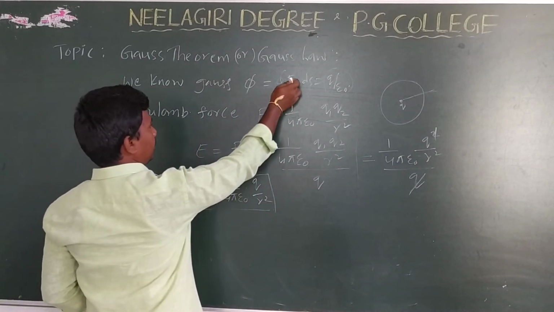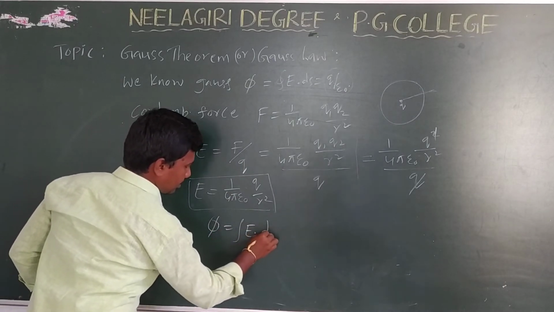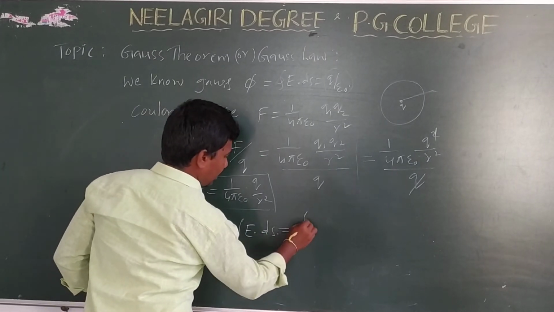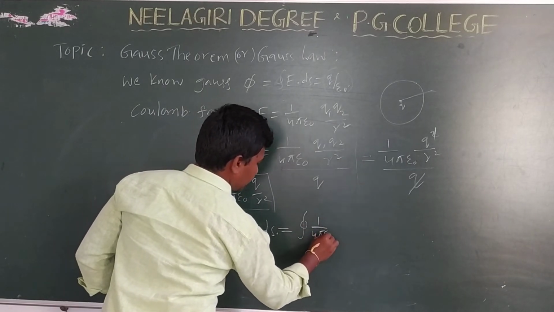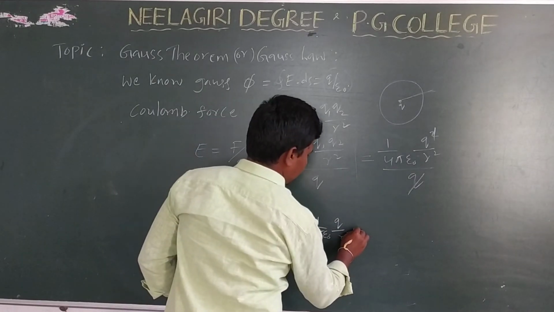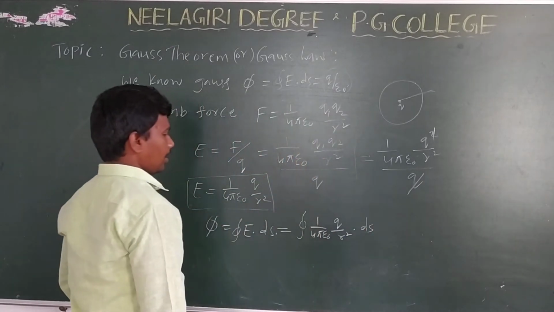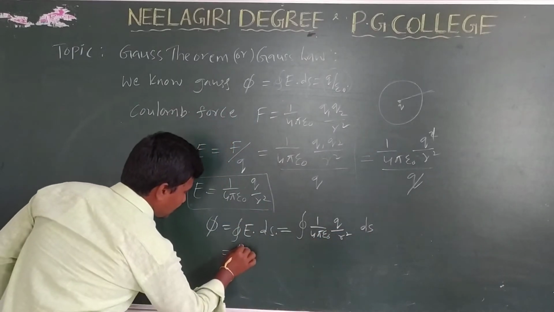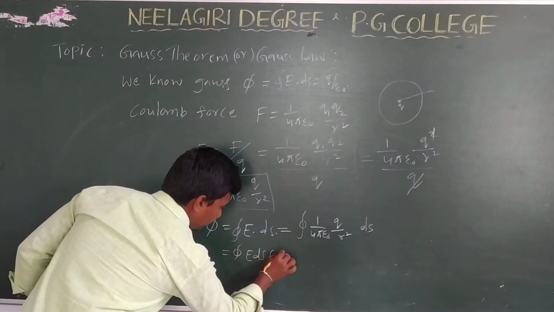So we substitute here phi is equal to the closed integral of E dot ds. We write the E value here: closed integral of 1 by 4 pi epsilon naught, Q by R square, dot ds. Here we consider integral E dot ds. We remove the dot and write cos theta.